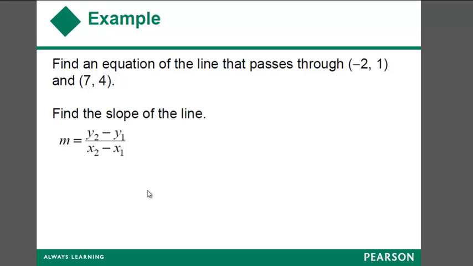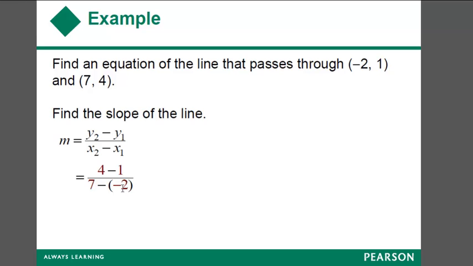Use my formula. m is equal to y2 minus y1 divided by x2 minus x1. When I do that, I'm going to get 4 minus 1 over 7 minus a negative 2.